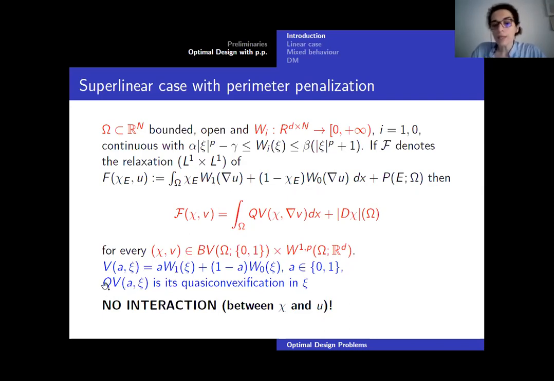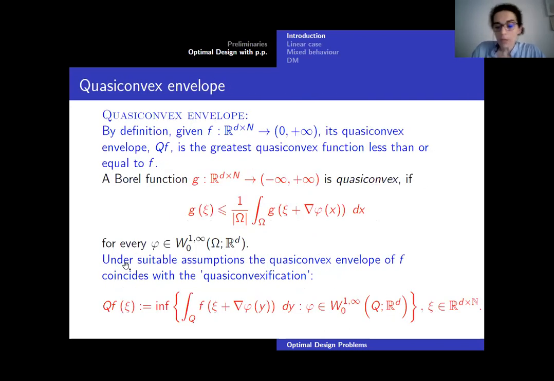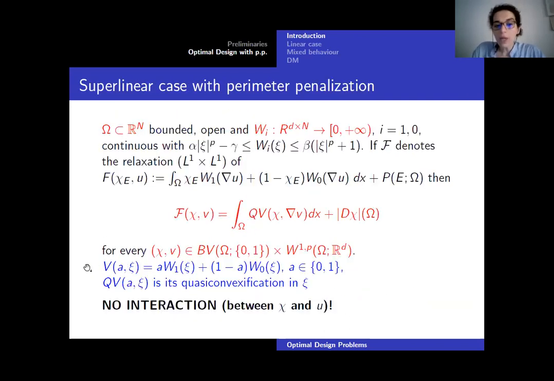Namely, the quasi-convexification with respect to the second variable of this function V of a and xi, which is here. And so far, essentially, there is no interaction between chi and u, and there is a nice representation.